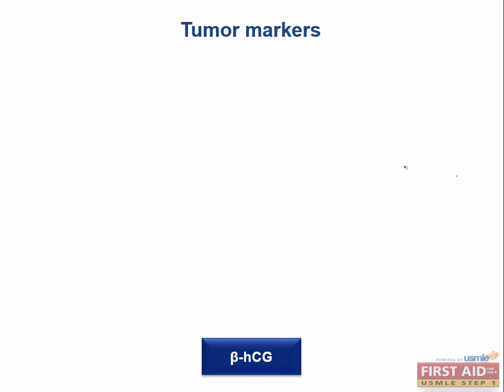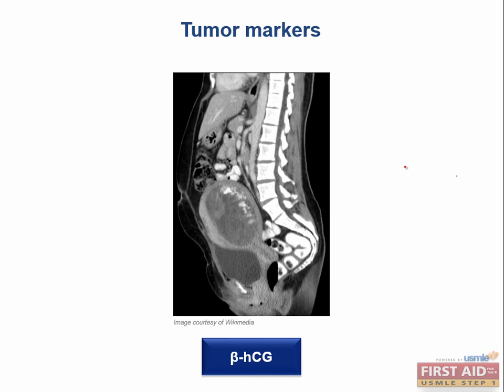What about beta HCG? What is this basically? When do you test for this normally? For pregnancy, right? This is beta human chorionic gonadotropin, and it's normally released by the placenta. So, what type of cancers are associated with the placenta? How about a hydatidiform mole and choriocarcinomas? So too much placenta, when it gets out of control, that's when we see that.